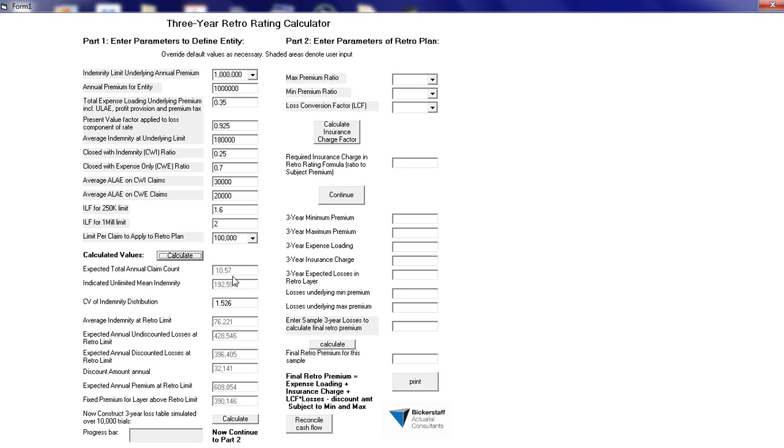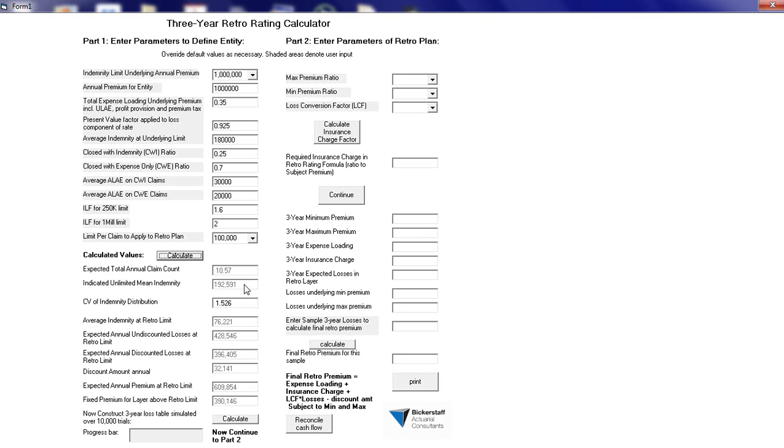So given all this information, we have then come up with an average indemnity with no limit of $192,000 and change, which, given a standard deviation of that distribution of about $300,000, the coefficient of variation here, CV, is the standard deviation of that distribution divided by this mean of $192,000, and it's about 1.5.